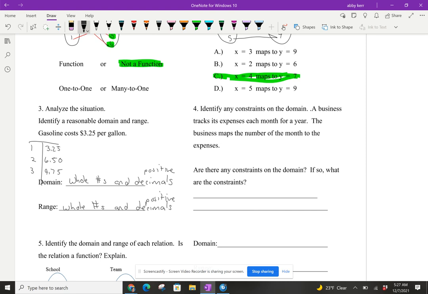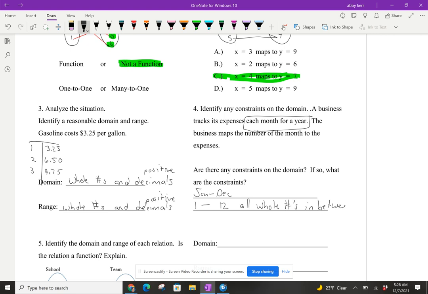Now for number 4, a business tracks its expenses each month for a year. So from January to December. There are constraints. There's only month 1 through month 12, and all whole numbers in between.